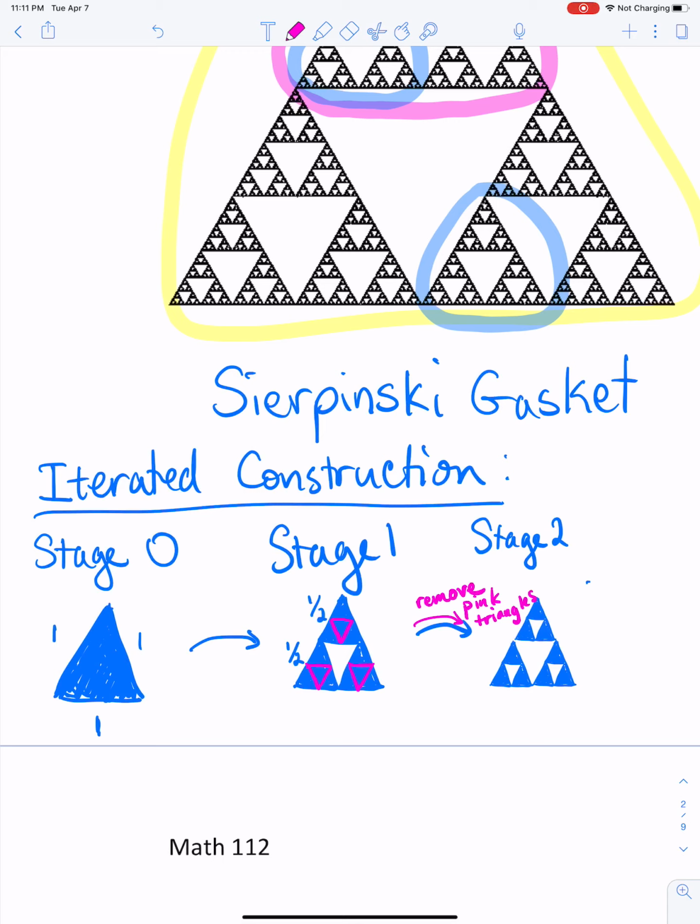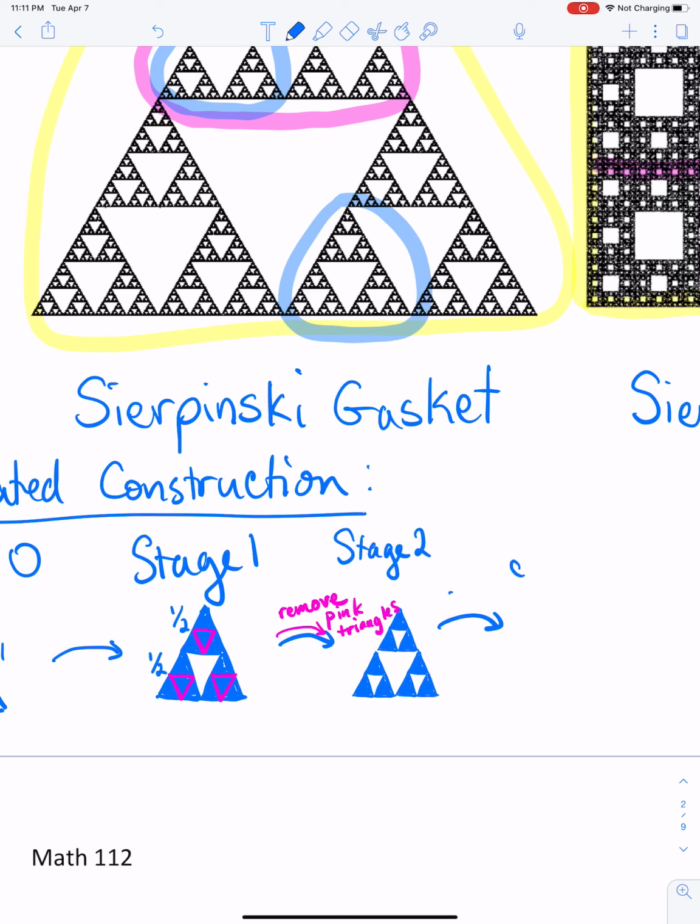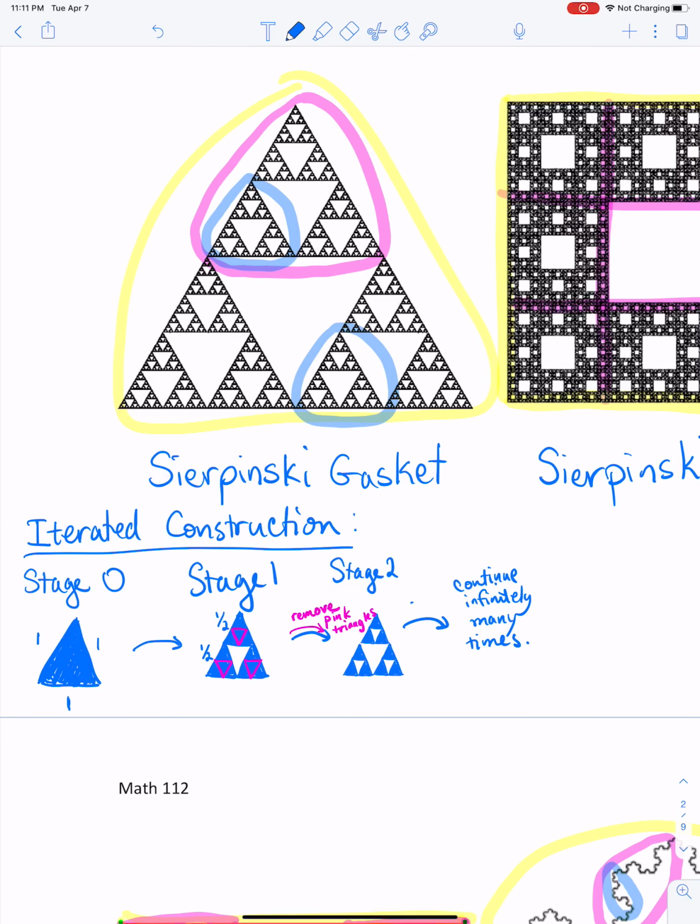And if I continue iterating infinitely many times, then the Sierpinski gasket is the set of points that remain. And that's how this is constructed.